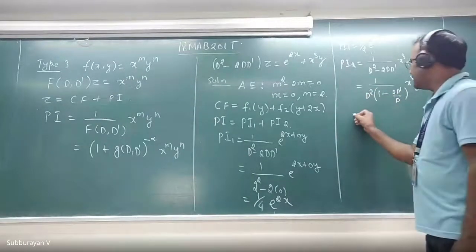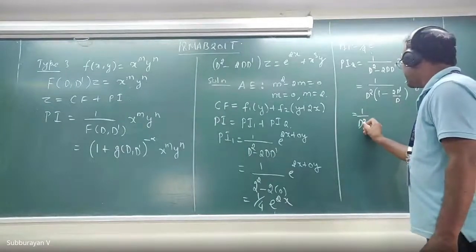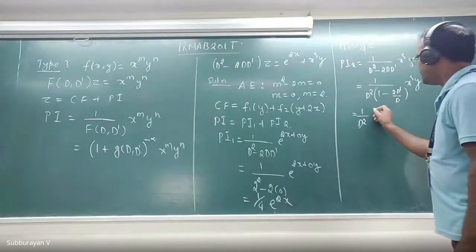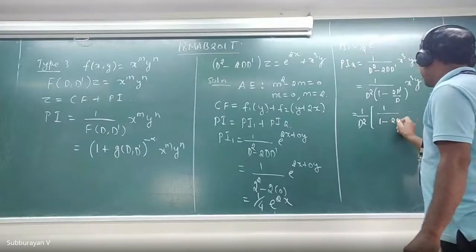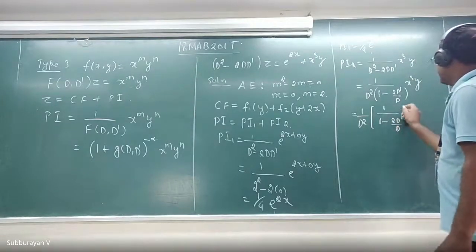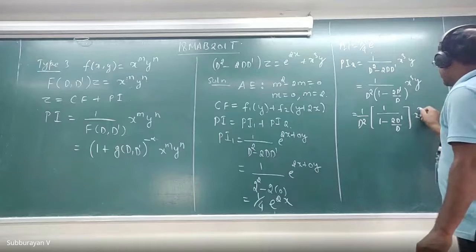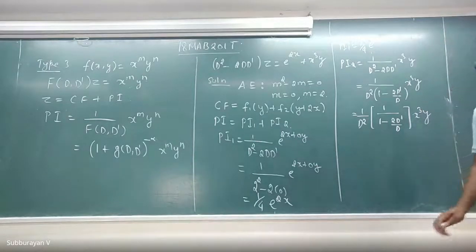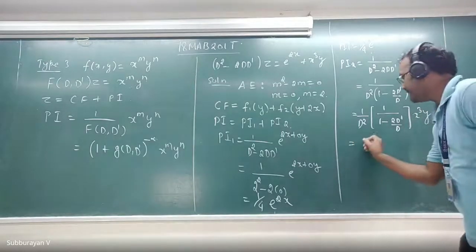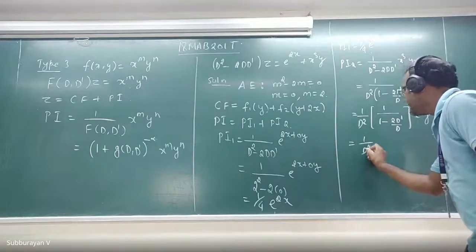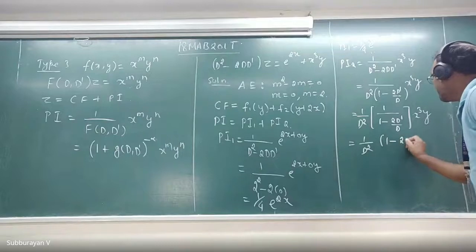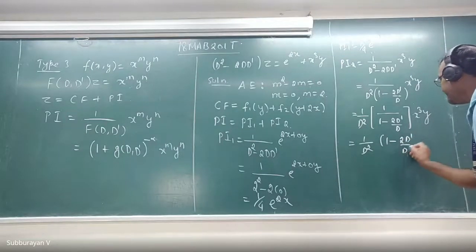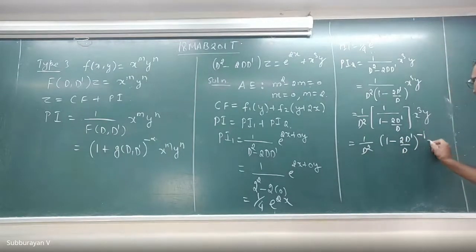Now this is equal to 1 by d square into 1 divided by 1 minus 2 d prime divided by d into x cube y. This can also be written as 1 by d square into 1 minus 2 d prime divided by d whole power minus 1 into x cube y.